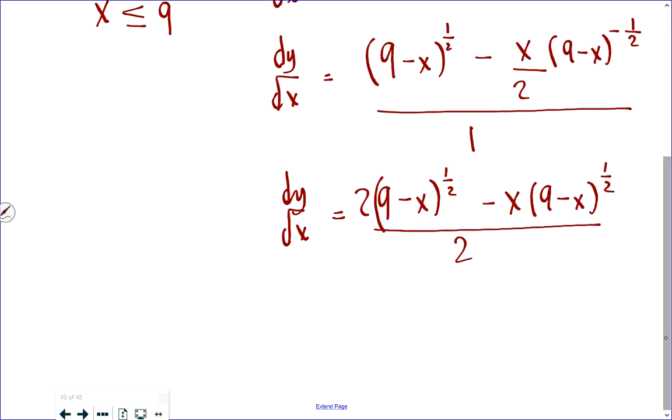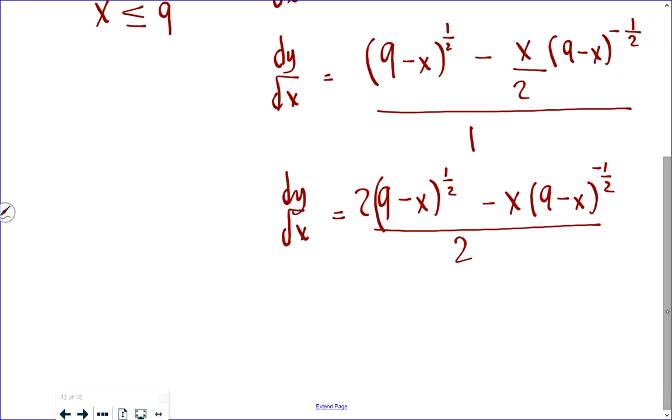So I multiply the first term by 2. I multiply the second term by 2, which cancels the 2 under the x, and I multiply the bottom by 2. Now I'm going to factor out, this is a -1/2 on the 9 minus x in the second term.